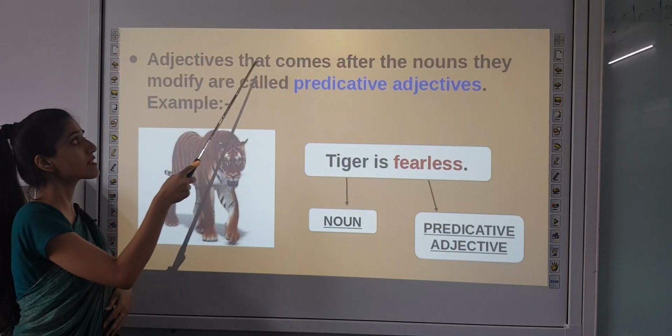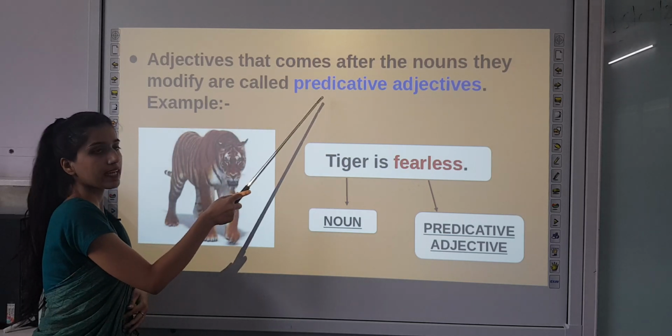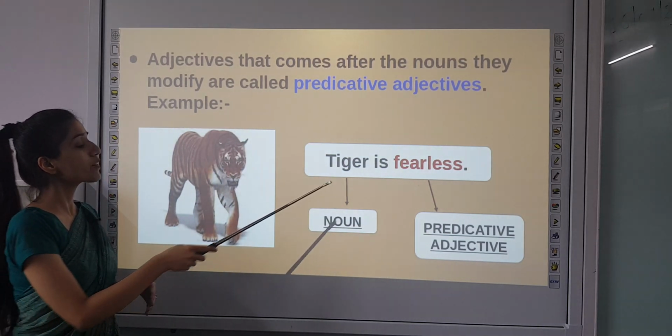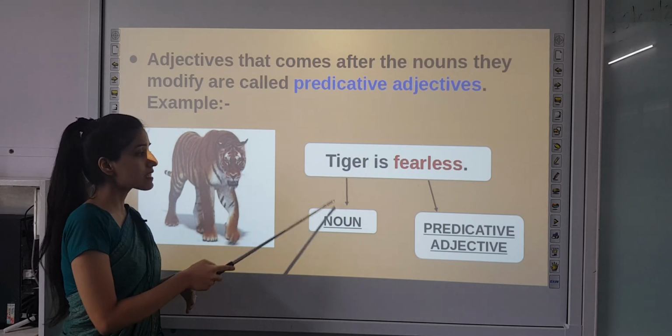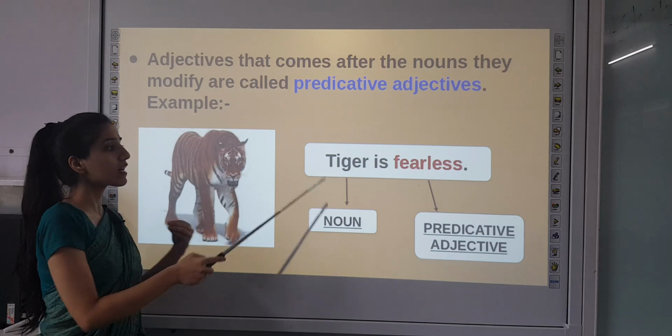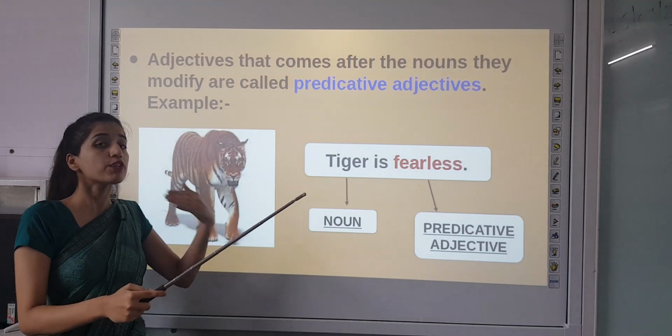The adjectives that come after the nouns they modify are called predicative adjectives. So, here you can see: tiger is fearless. Here tiger is a noun and we are describing it as fearless. So, fearless is the adjective, but which kind of adjective is it?